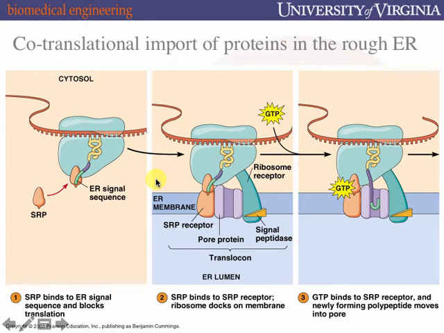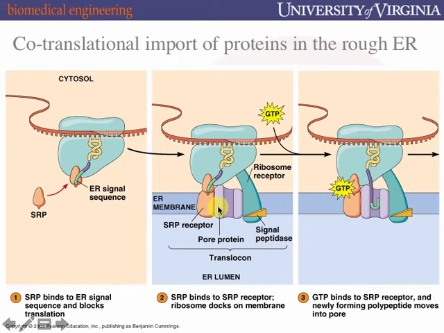The means by which that recruitment occurs is by an interaction between SRP and the SRP receptor, whose job is to bind to SRPs that have recognized signal sequences. It pulls SRP, the signal sequence, the ribosome, and the whole mRNA to the surface of the rough endoplasmic reticulum.